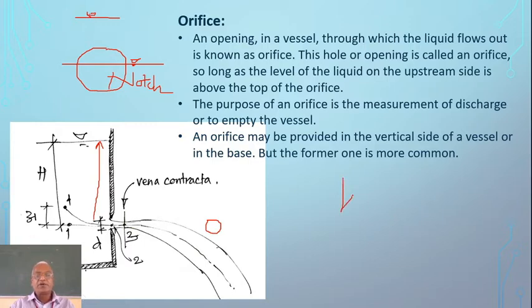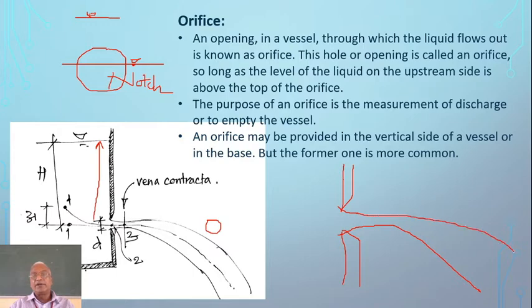Generally it is a sharp-crested opening like that, right? Here also, on this side, there is an opening something like this. When water comes out, it will have a curvature something like that, and then it goes out that way.